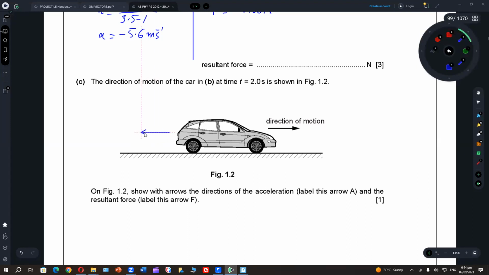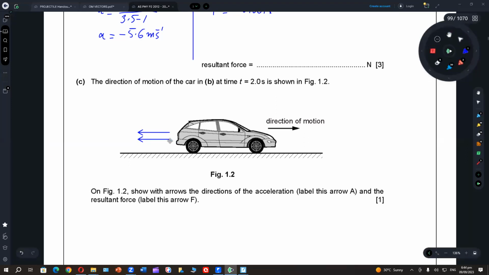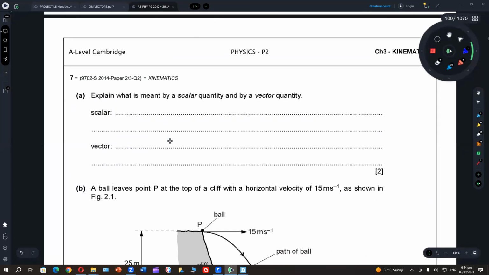So I will show two arrows and both arrows should be backward. The arrows are backward because the car is applying the brakes. Yes, sir.